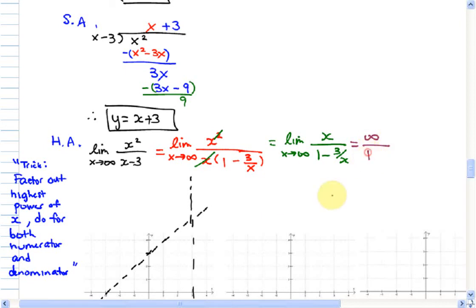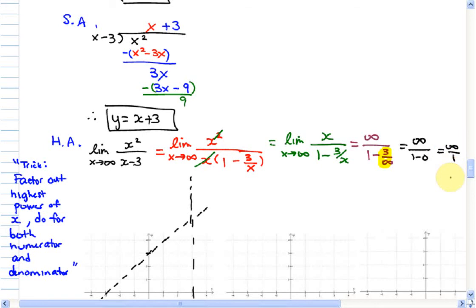This is still a 1, 1 minus 3 divided by infinity, or big. So what's 3 or anything divided by a really big number? 0. This number here is getting closer and closer to 0. So therefore, what I have here is infinity over 1 minus 0, which equals infinity over 1.